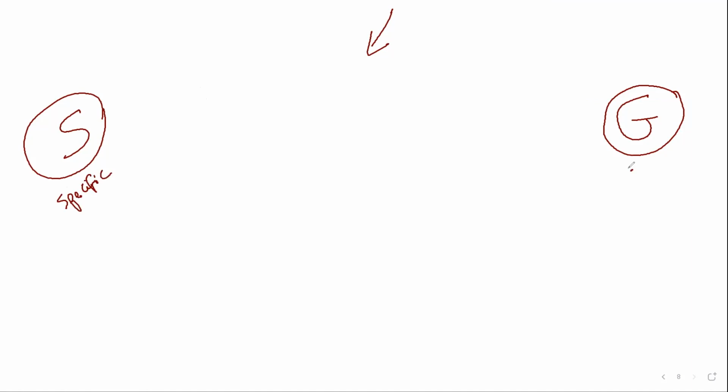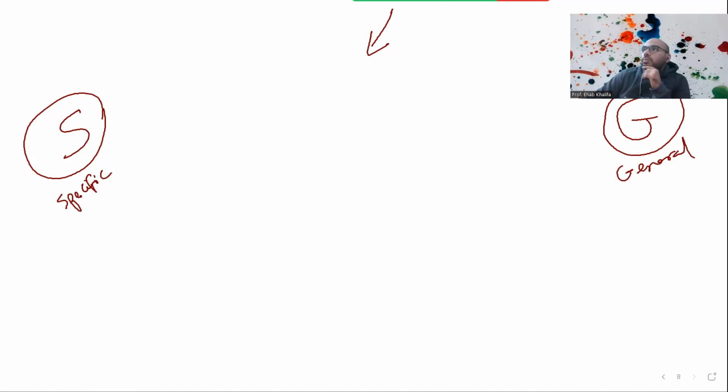Moving from specific to general. This is a tough question. What transitional expressions can I use to link specific to general? No one?